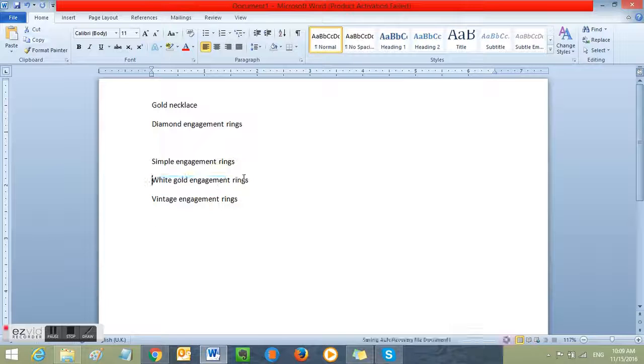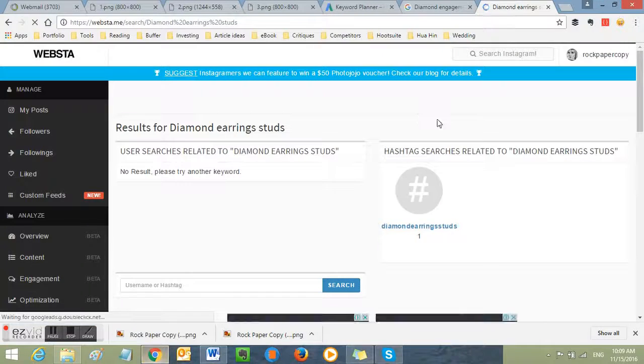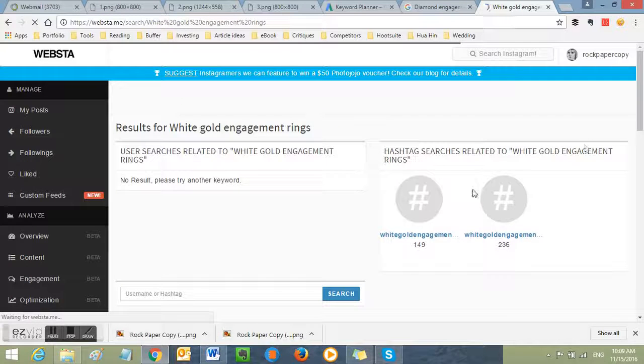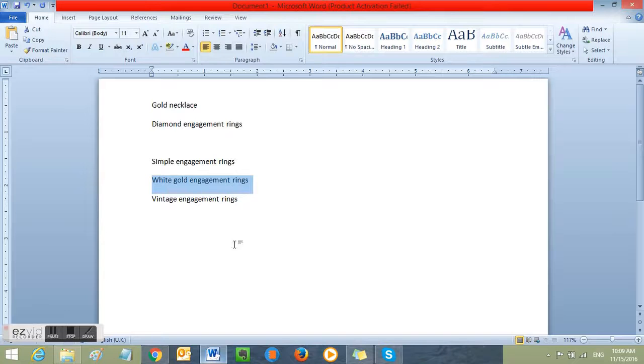Going to see gold engagement rings. 149. No, we're not going to use these as hashtags. And that's the last one we're going to test.